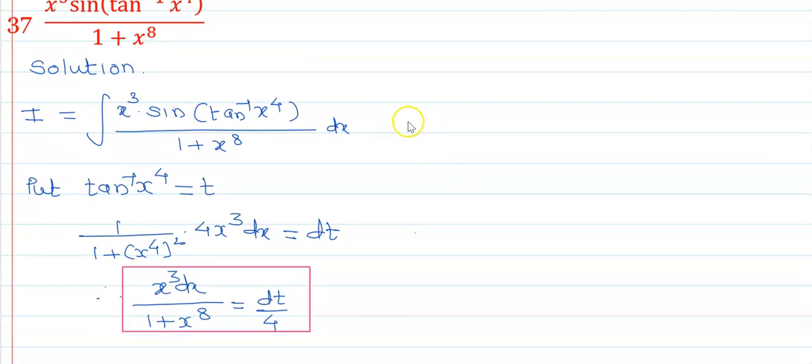Therefore our integral can be written as x cube dx upon 1 plus x raised to 8, that is dt by 4, and this is t. So therefore sin t into dt by 4, that is equal to minus cos t upon 4 plus c.